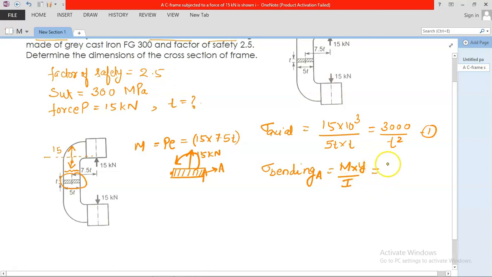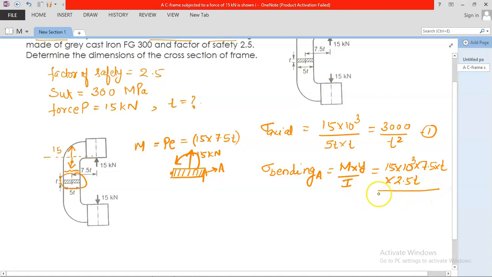What is M? 15 into 10 raised to the power 3 into 7.5 t. This is multiplied with y. What is y? The value of y is 2.5 t, that is half the value from the center line, since the whole is 5t. So we write 2.5 t divided by I.